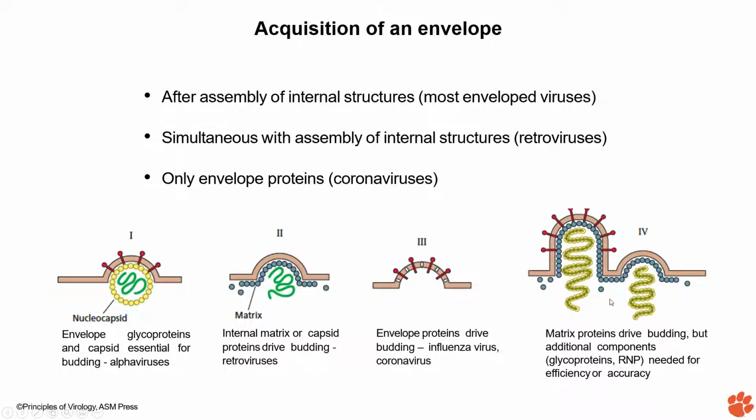And in, say for example, vesicular stomatitis virus, the matrix protein can drive budding. So you can see right here, the matrix protein can drive budding. But if you have the glycoproteins, which are the red ones, and the ribonucleoprotein, it is much more efficient. So these are the several different ways that you can acquire the envelope.